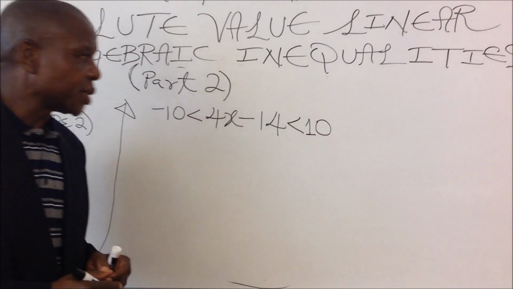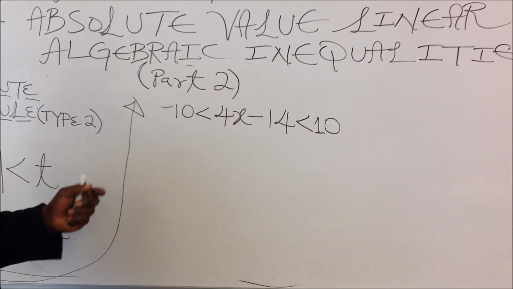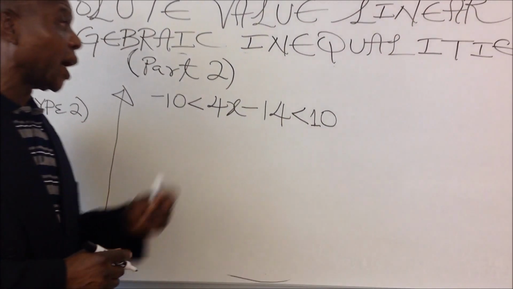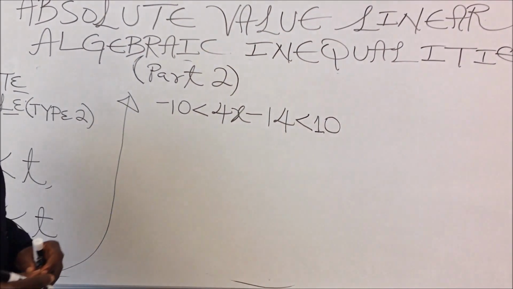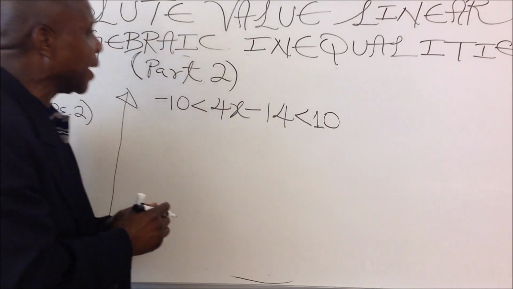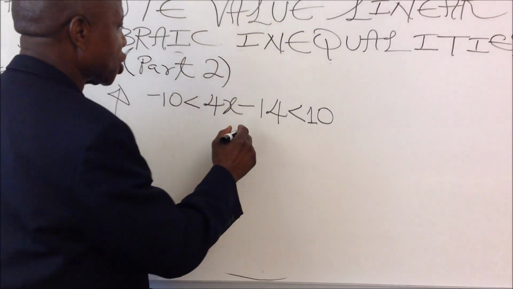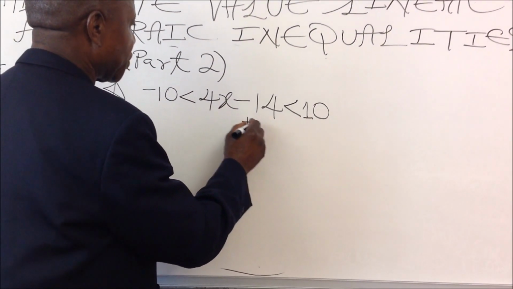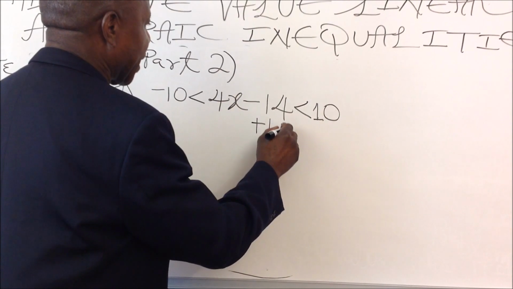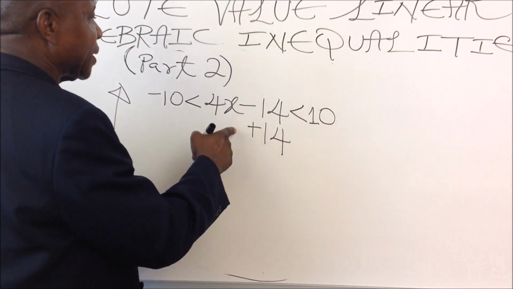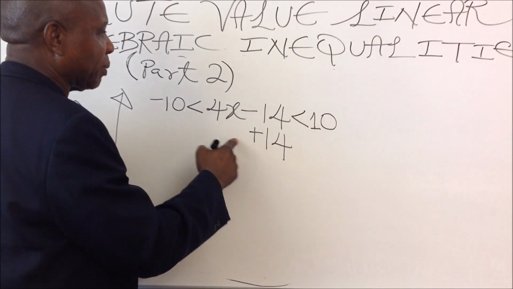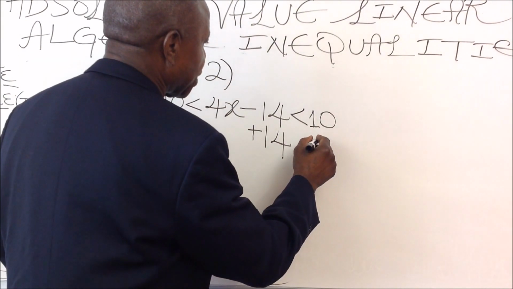And how do we do this? Well, one key thing we can do is to add the opposite of negative 14 to all sides of the inequality. So in this case, of course, that number will be positive 14. As I add positive 14 to this part of the problem, I must also do the same thing to the right side.